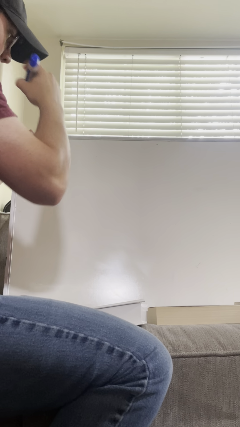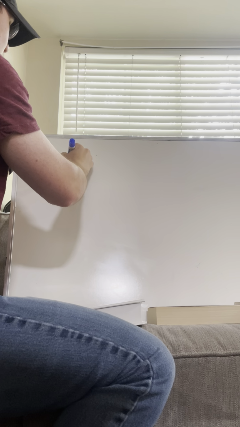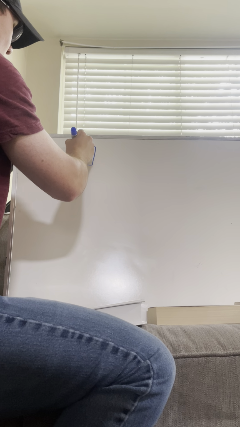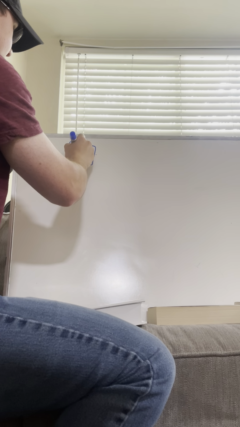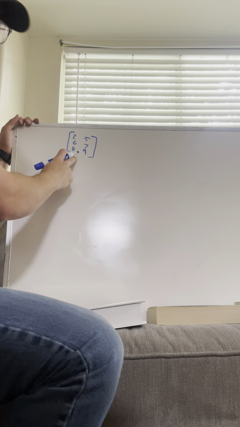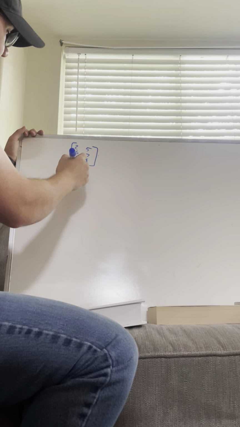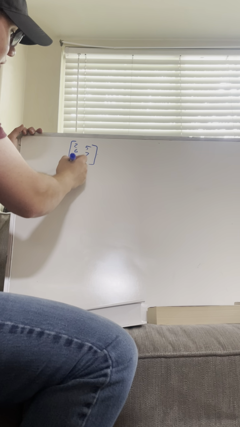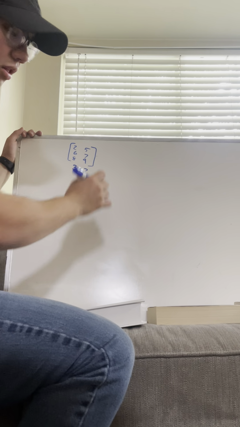Multiplying matrices is slightly more complicated. What we need in order to multiply matrices: this first matrix that I've written here is 3 rows by 2 columns.